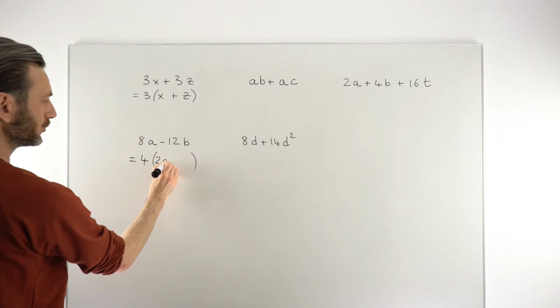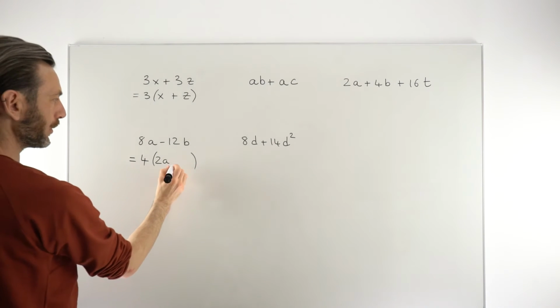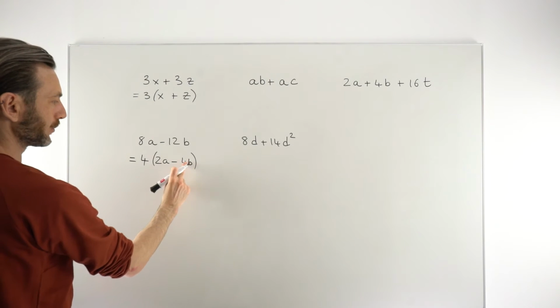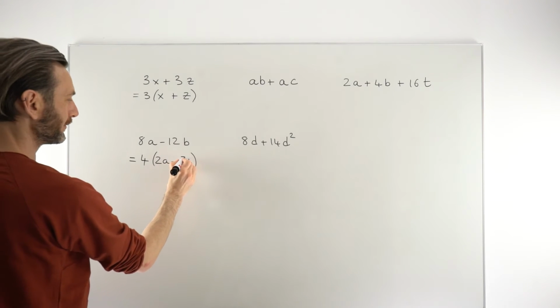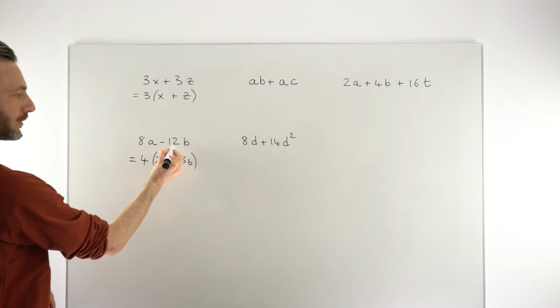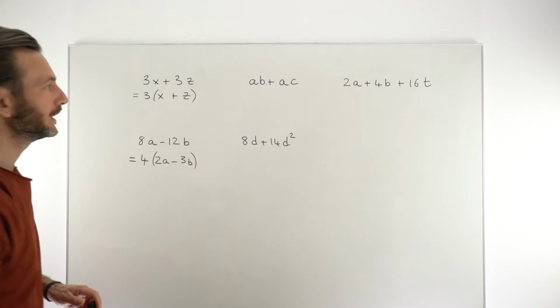Well, that would need to be a 2a, because 4 times 2a gives you 8a. The same for the minus 12b, we would need to have a minus 4b, miscounted that one. Need to have a minus 3b, because 4 times minus 3b gives us minus 12b. So that's that one there, fully factorized.